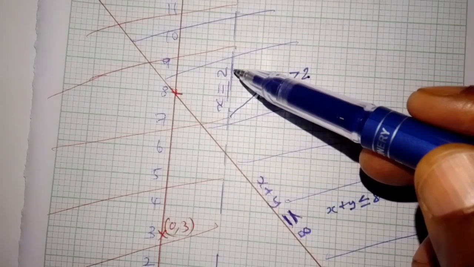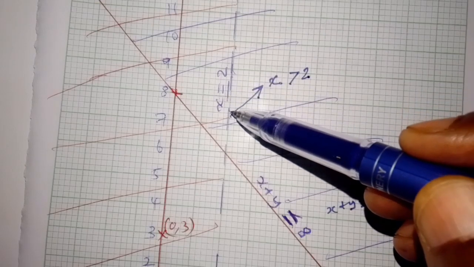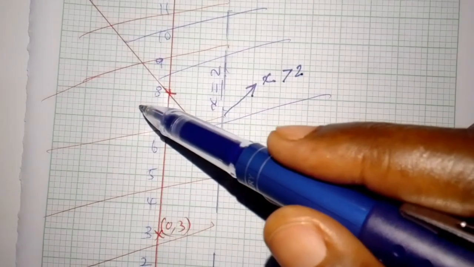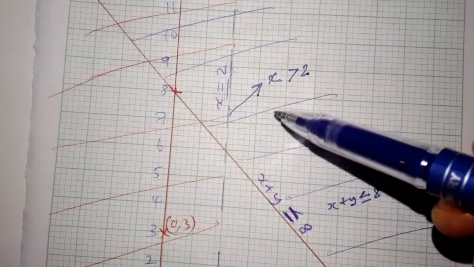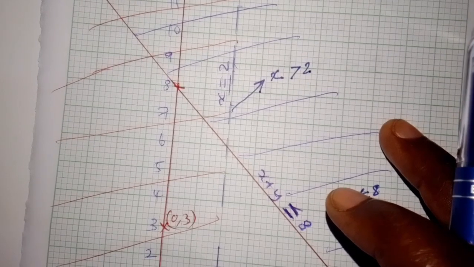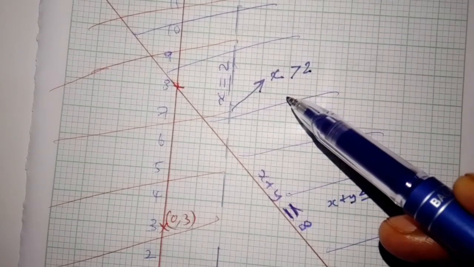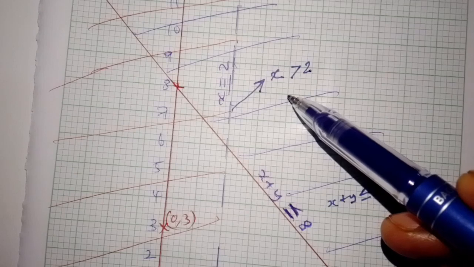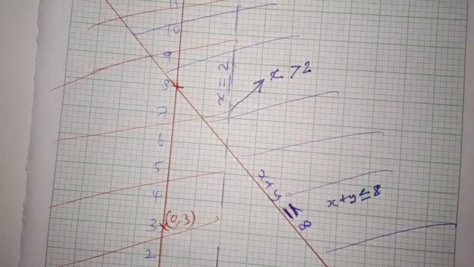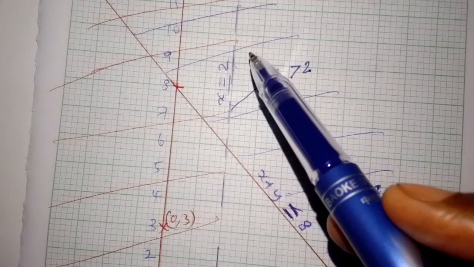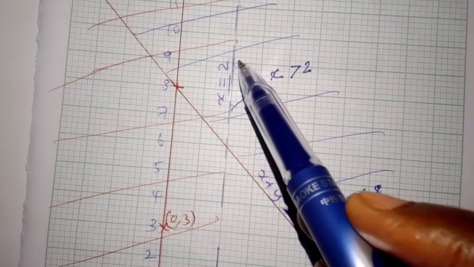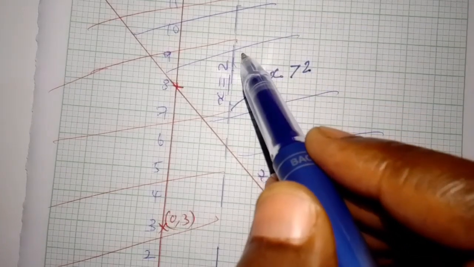We are going to count the points from this place going the other side, because x is greater than 2. The points which are valid are from this side coming this side.